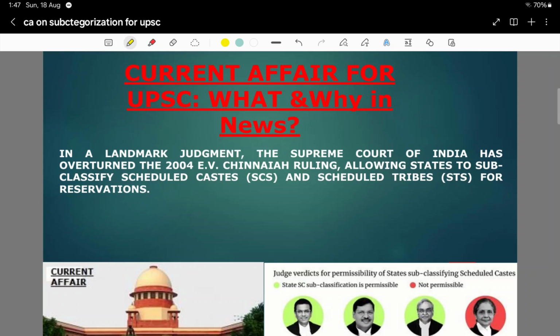The current affair today is, in a landmark judgment, the Supreme Court of India has overturned the 2004 E.V. Chinnaiah ruling, allowing the states to subclassify scheduled castes and scheduled tribes for reservations. A significant development occurred recently when the Supreme Court of India delivered this landmark verdict, which overturned the 2004 E.V. Chinnaiah ruling.